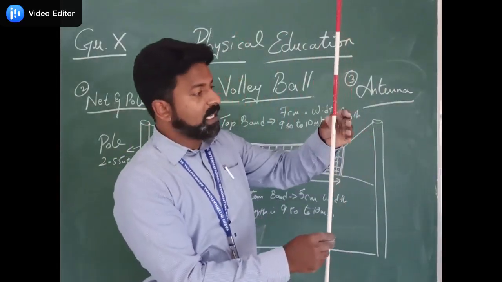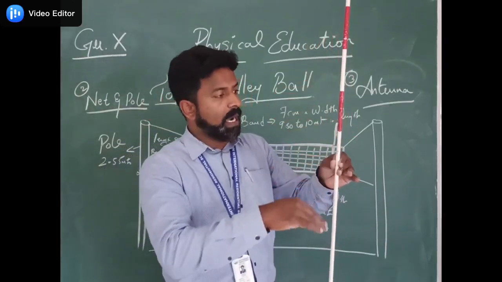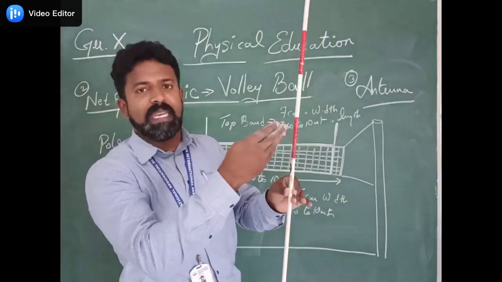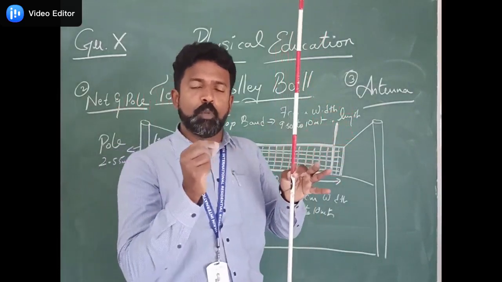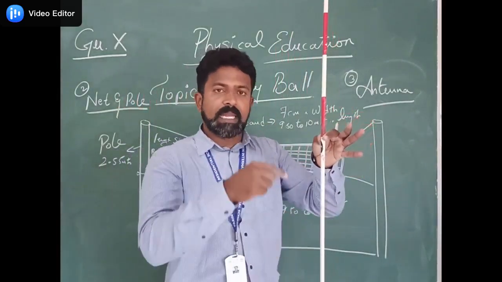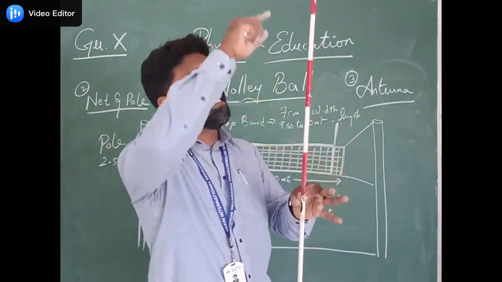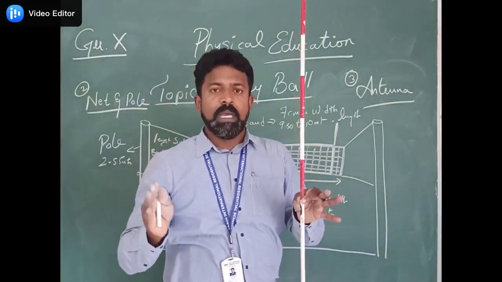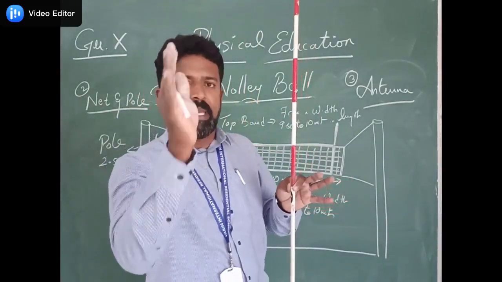You can see it is divided into different colors, white and red, and the colors vary every 10 centimeters. Of the 1.80 meters, 1 meter is completely immersed inside the net, and the remaining 80 centimeters project outside to limit the space of the ball which is going to cross to each court.